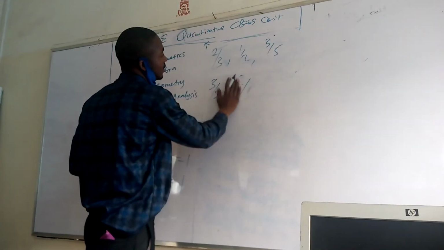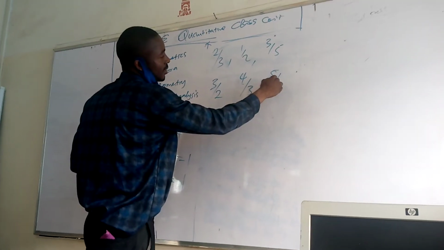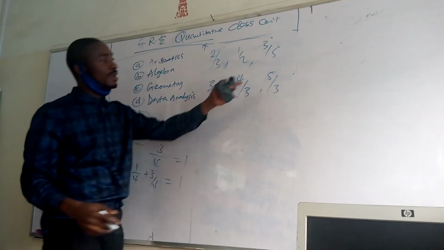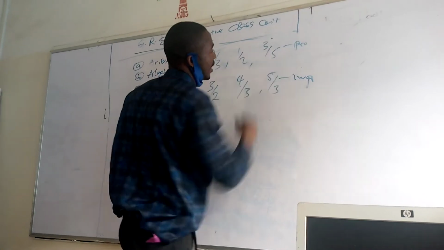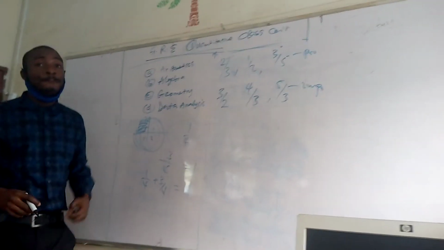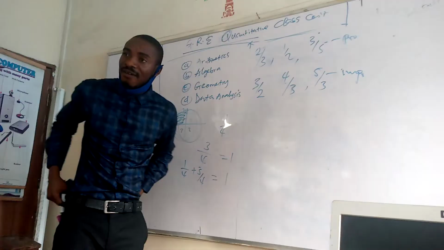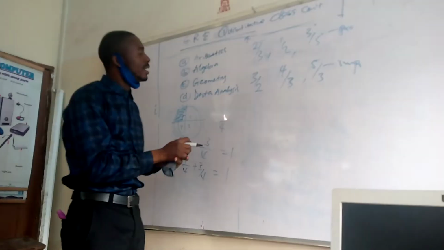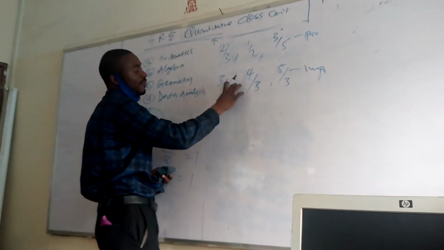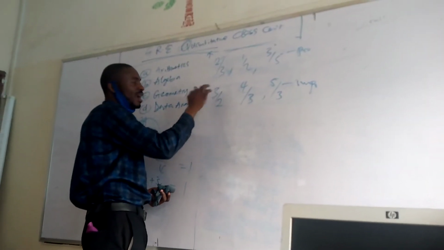Here we have improper and here we have proper. A mixed fraction originates from an improper fraction. From this improper fraction, I can ask myself how many 2s I can obtain in 3.